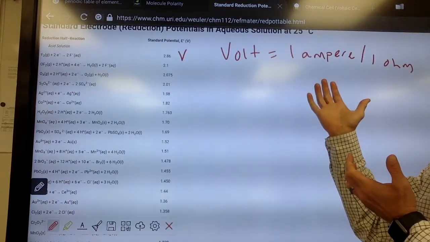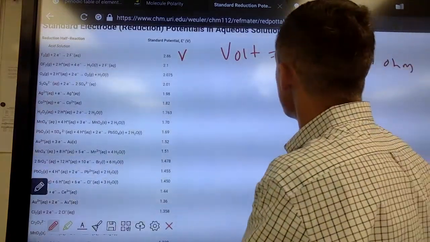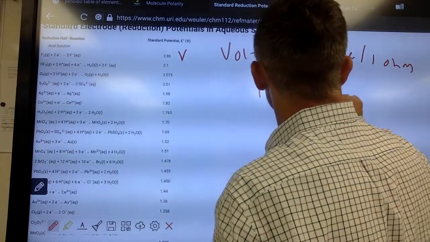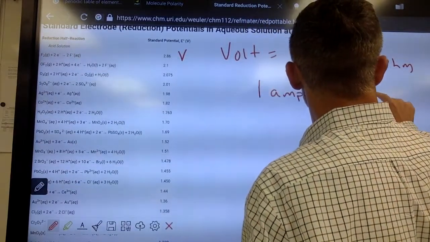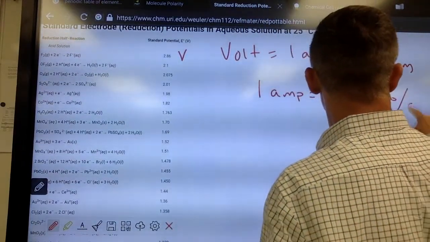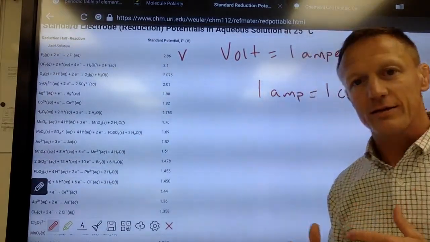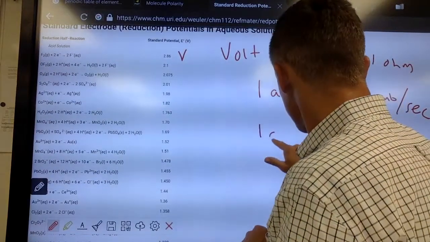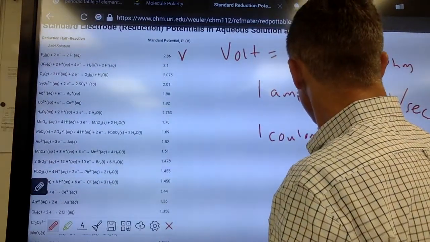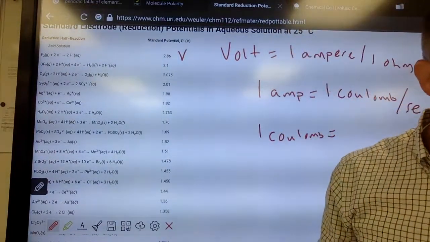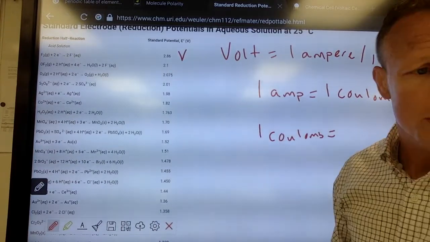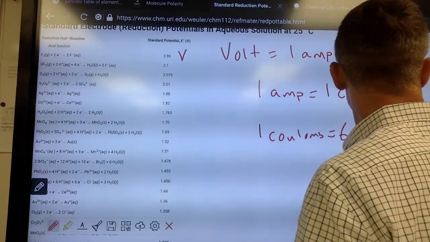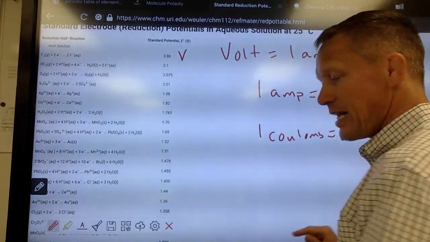An ampere is an amount of current, and an amp is considered to be 1 coulomb of charge per second. It still doesn't get into chemistry necessarily. A coulomb is, I looked this up, remember this number, 6.241 times 10 to the 18th electrons.